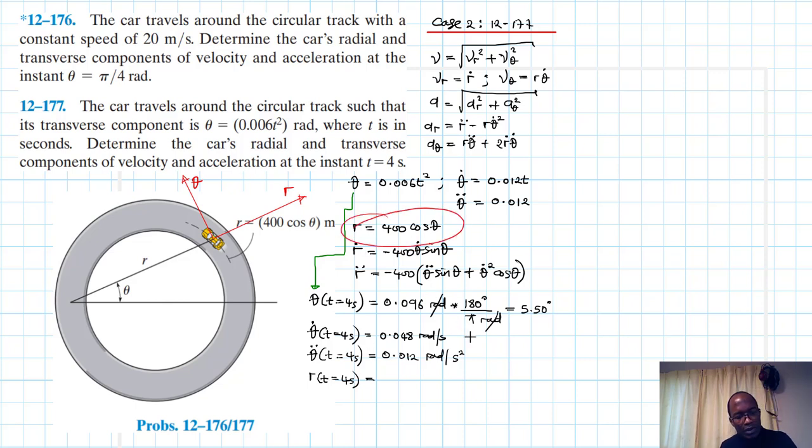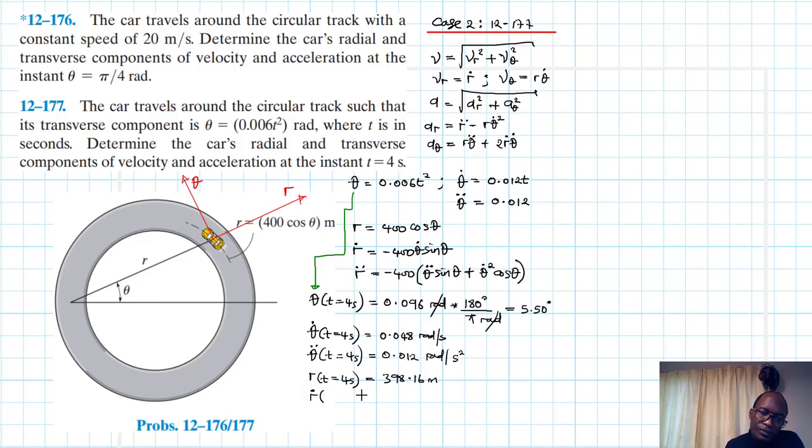All right, so let's plug it in. So this becomes 400 cos 5.5, and this we get 398.16. All right, round it off. This is 16 meters, and then r dot.